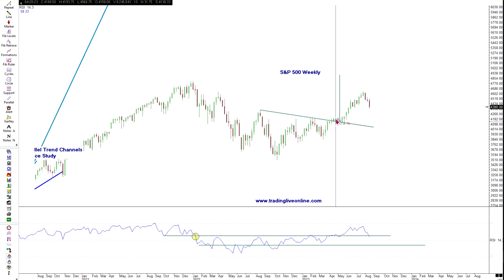And this also coincided with that 4,200 level on the S&P that the market had tried many times to get through and just had to spend more time working at it. So it finally broke through the 4,200 back in May, and then this uptrend had started.